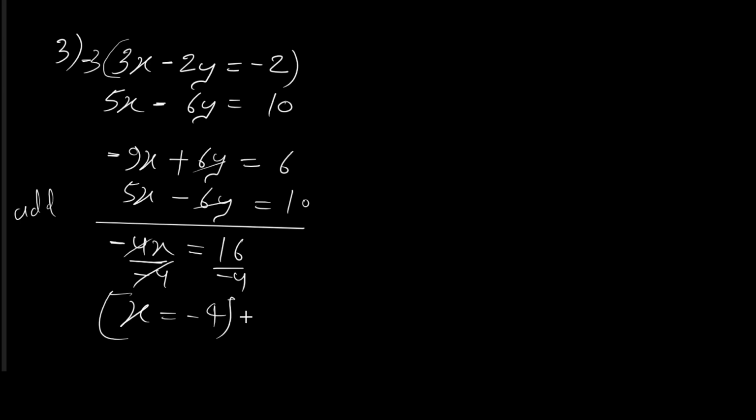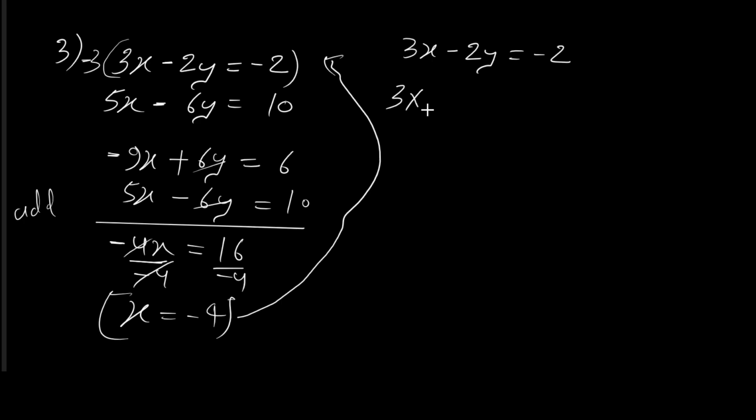To find the value of y, let's plug this value into the original equation. So we have our original equation, which is 3x minus 2y equals negative 2. So 3 times x means negative 4, minus 2y equals negative 2.